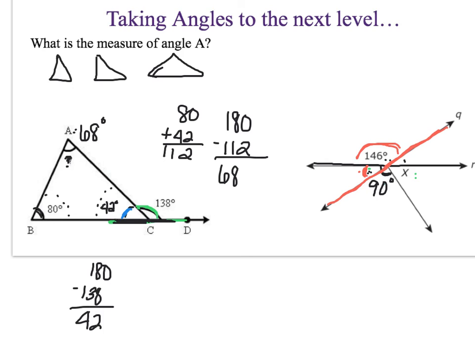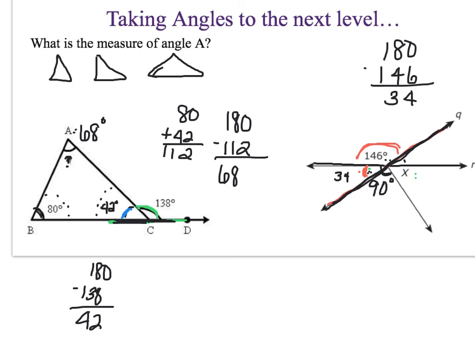So I can find this missing angle by taking the total straight line, 180, taking away the 146, and I get 34. So that means this angle right here is 34 degrees. 34 plus 146 equals a total of 180 on that straight line.